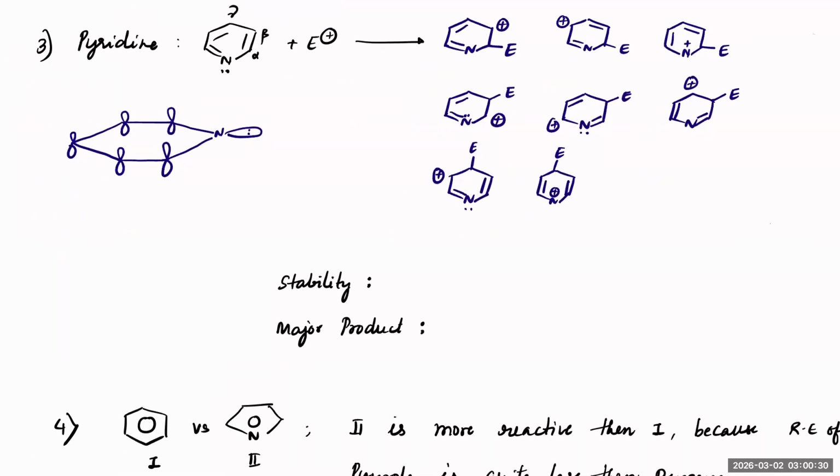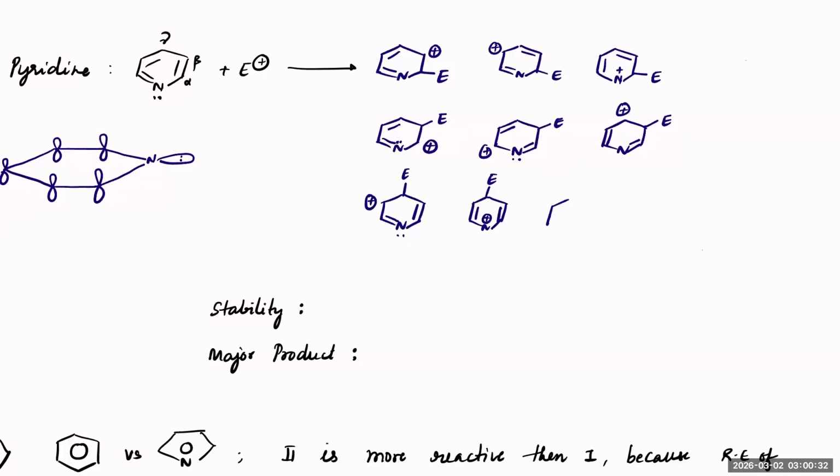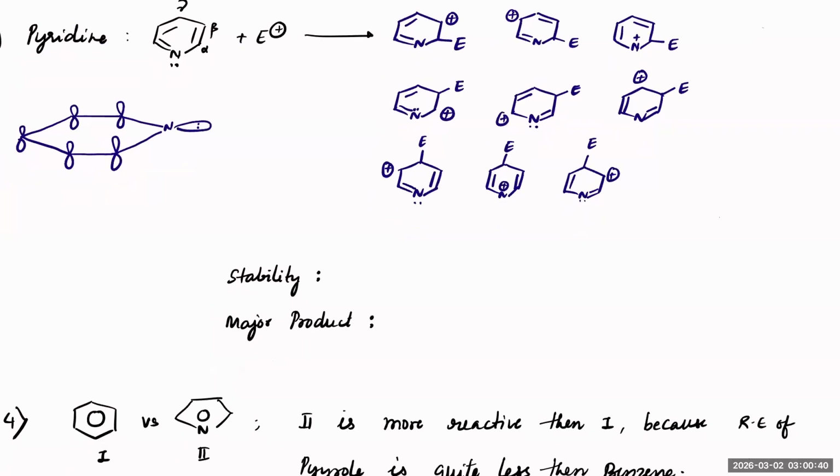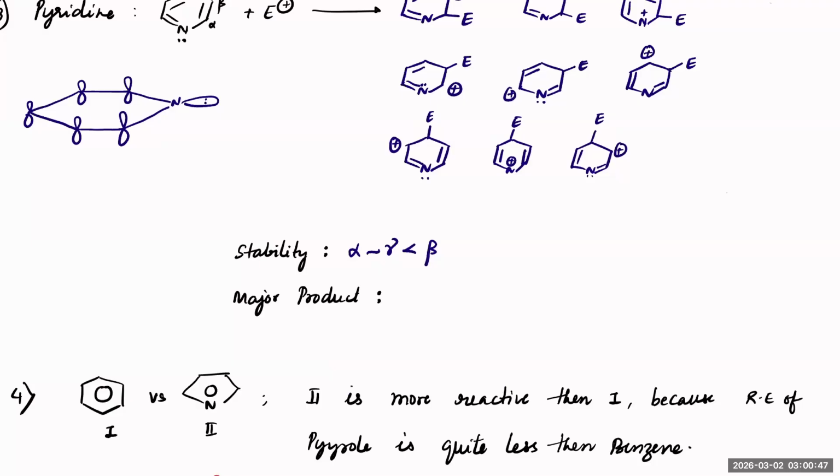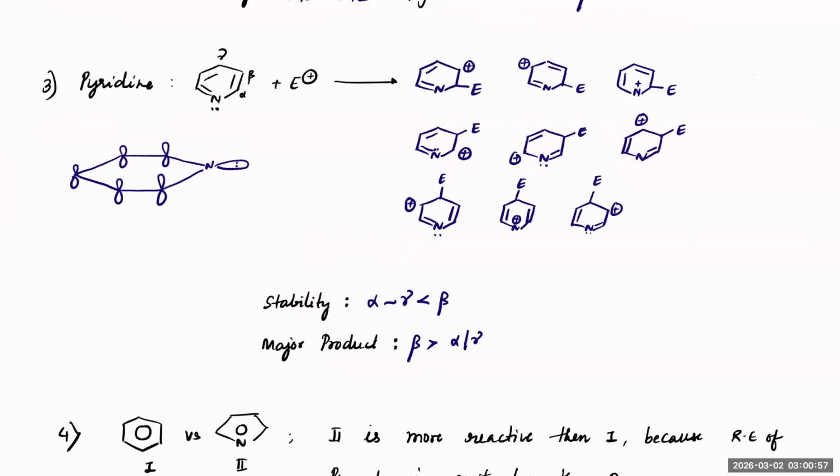Of course, you'll get one more resonating structure where you'll get a double bond here with positive charge here like this. So you will notice that alpha position and gamma position are the same, but their stability is weaker than beta. So the major product will be beta more than alpha or gamma. This is the major product.